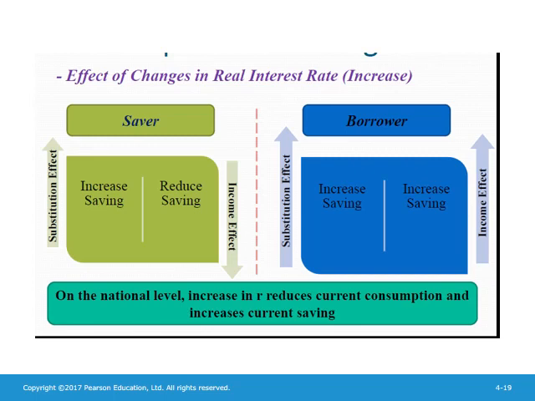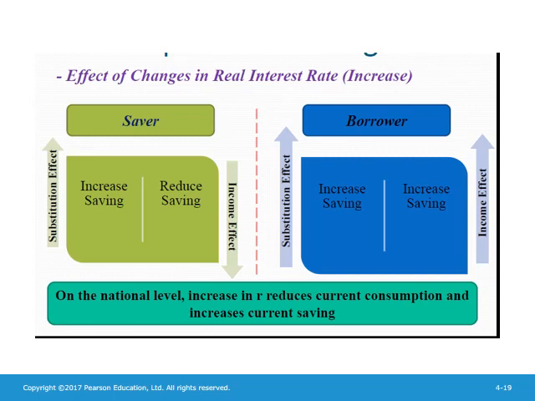For the substitution effect, my current consumption is becoming more expensive, so I will lower my current consumption and thus increase my current savings. As for the income effect, now I'm poorer, because my expected future income is lower, so I will lower my current consumption. Both of them will move in the same direction.